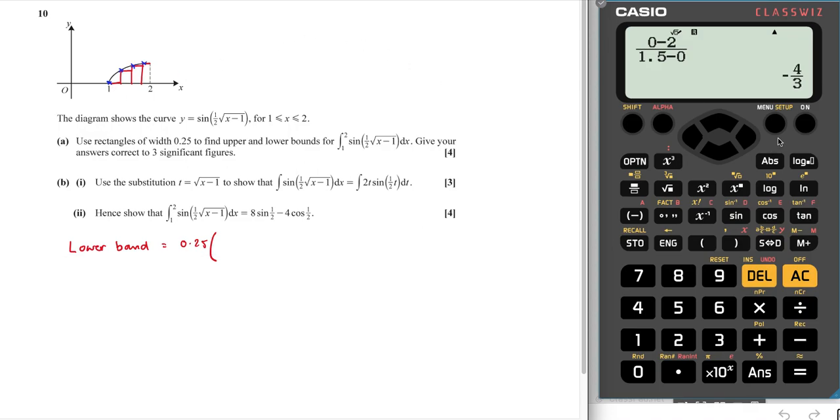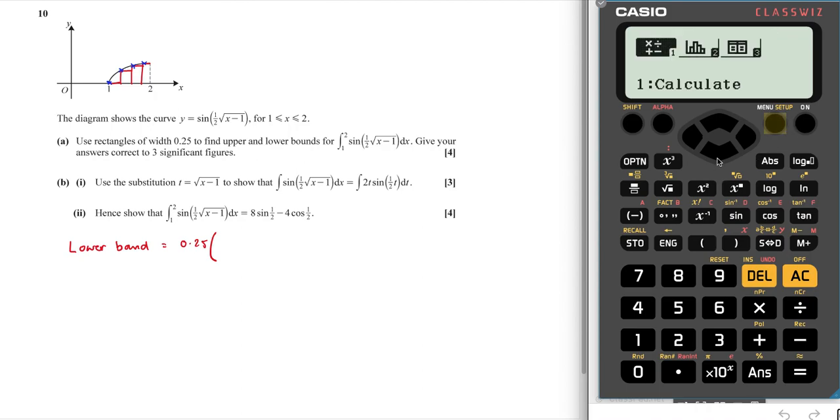I'm actually going to use table mode to help me do this. Oh, I've got the wrong calculator on, I've got the GCSE calculator on. It's okay, I can do table mode with the GCSE calculator.